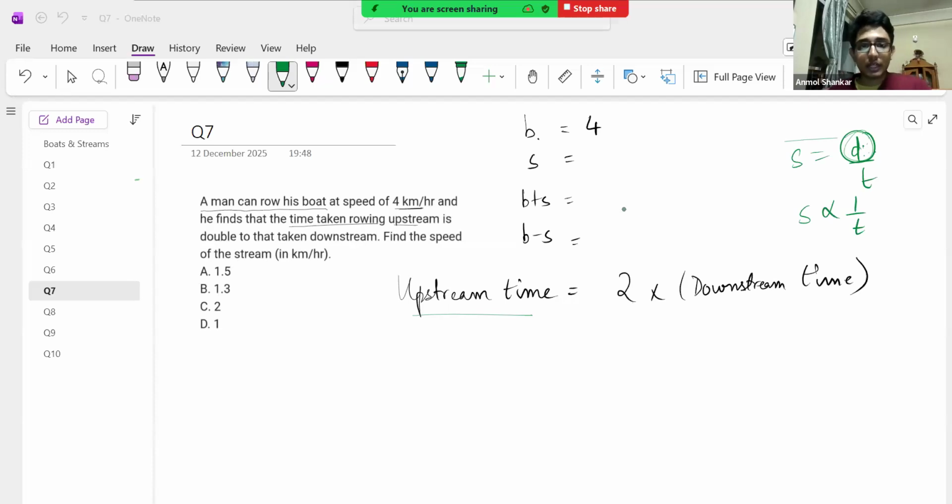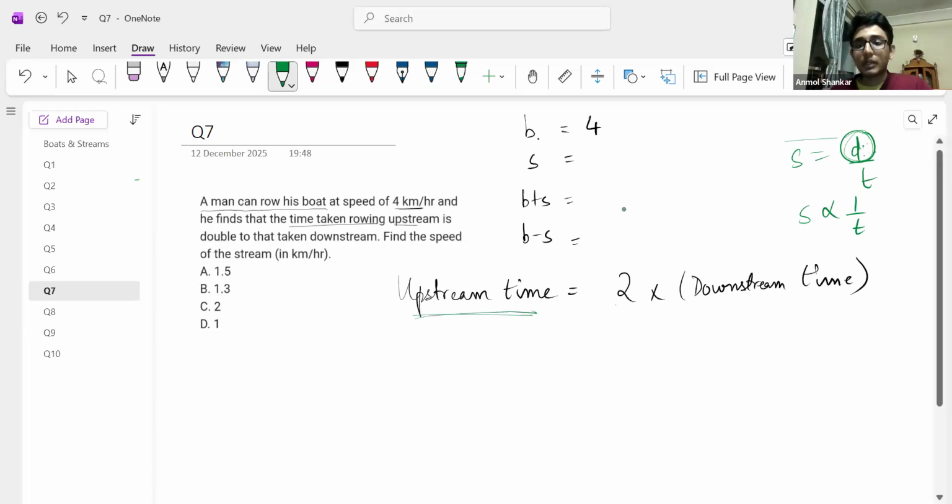So upstream time is equal to 2 into downstream time. So upstream speed is equal to what into downstream speed?